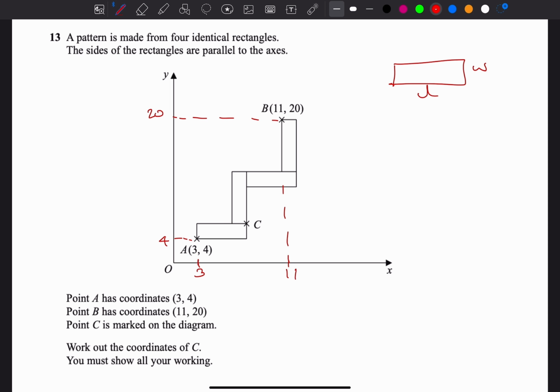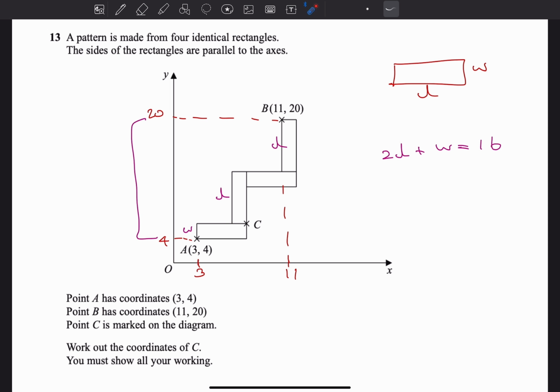Here to here, this is one width and one length. So how many lengths is it technically to go from 4 to 20? You go one length and one width and two lengths. So 2 lengths plus 1 width gives you how much is the gap? 16.